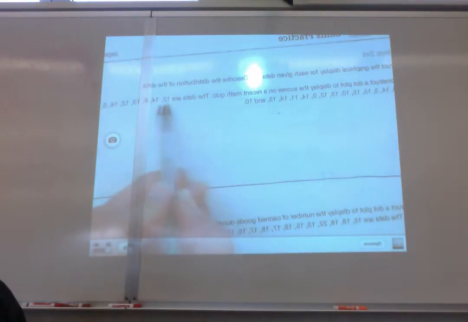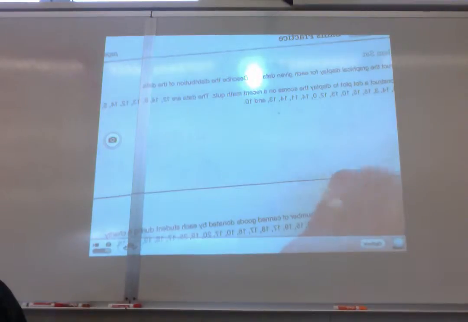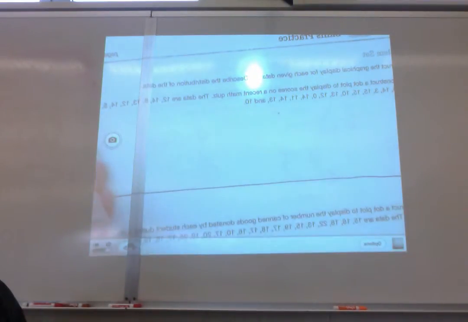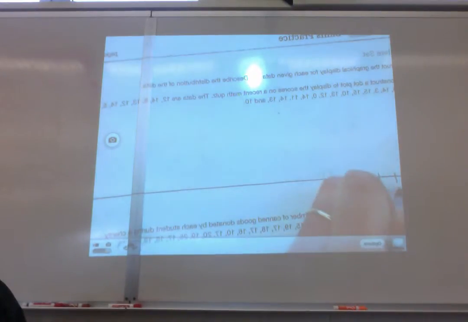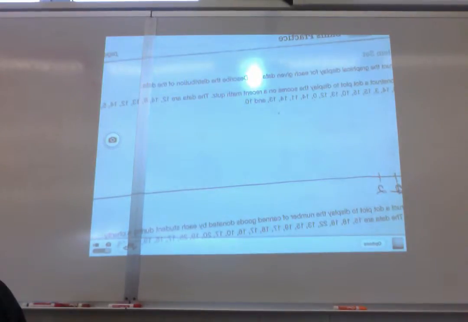If I look at the first data set, it looks like 0 is the smallest number. What's the largest number? I think 15. So you're going to need to make yourself enough marks to have 1, 2, 3, all the way up to 15. And then above each data value, you're putting an X.